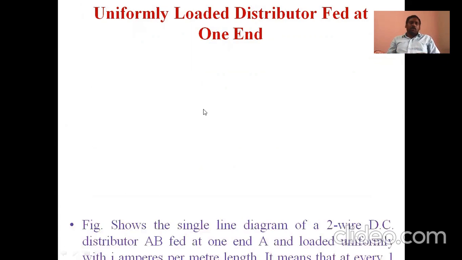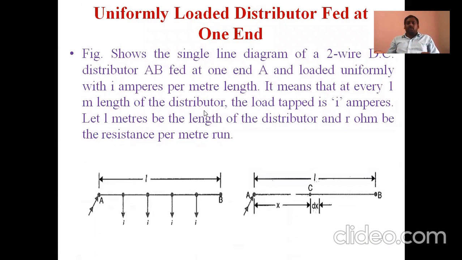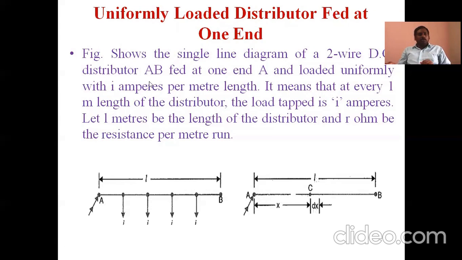Uniformly loaded distributor fed at one end. Uniformly loaded distributor means we are providing uniform loads, not non-uniform loads, the same load at each section. Here is the single line diagram of a two-wire DC distributor AB fed at one end A and loaded uniformly with I amperes per meter length.